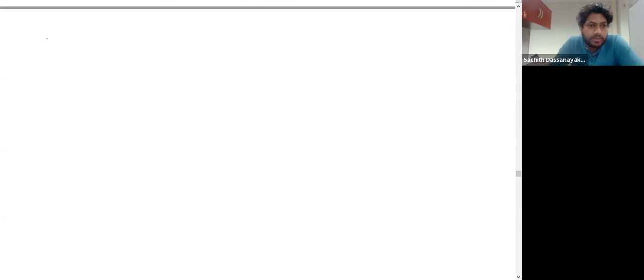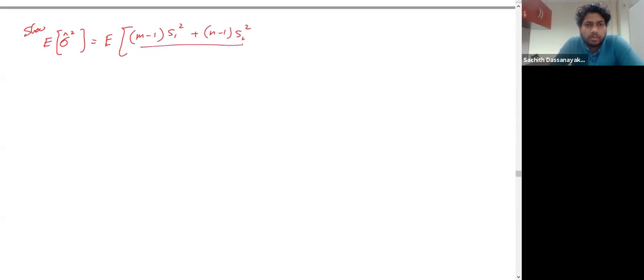So you have to show that the expected value of sigma hat squared, which means the expected value of that giant formula, (m minus 1) S1 squared plus (n minus 1) S2 squared over m plus n minus 2, equals sigma squared, right? So this is what you need to show.